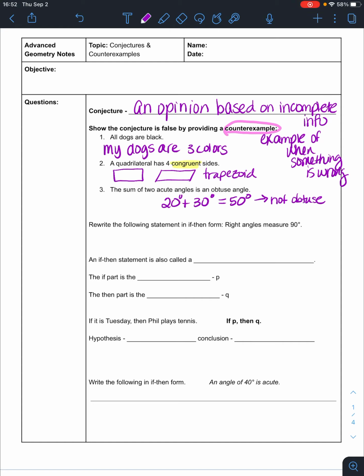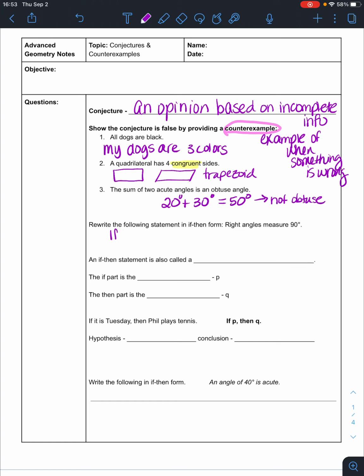So rewrite the following statement in if-then form. So you may have to finesse the words to make the sentences make sense. But you could say, if an angle measures, let me back up.